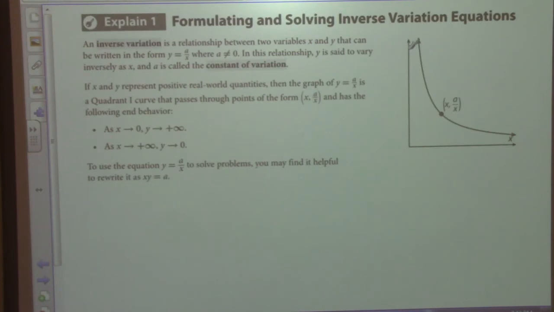And here's an example of a generic function. You have x comma a over x. And it says to use the equation y equals a over x to solve functions. And by the way, this a is called a constant of variation.